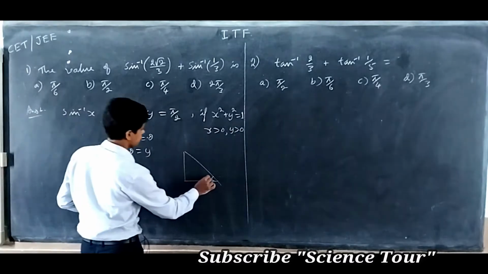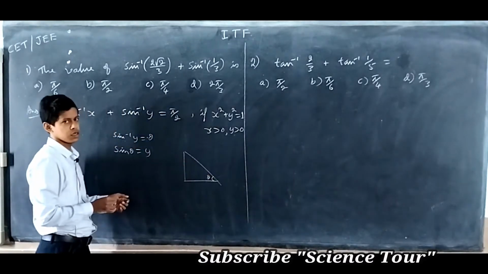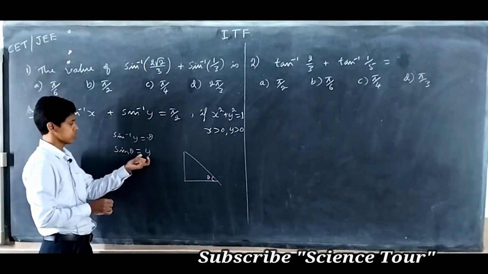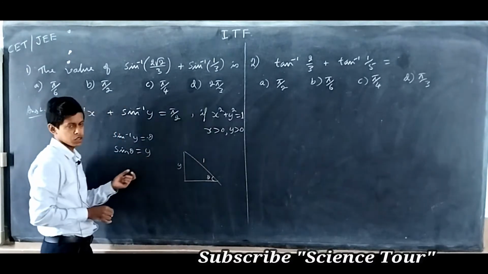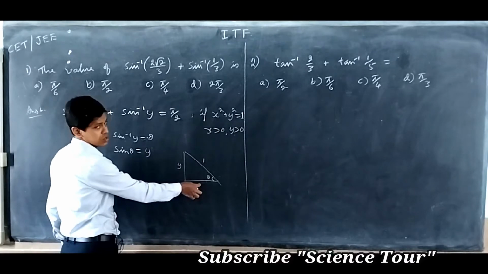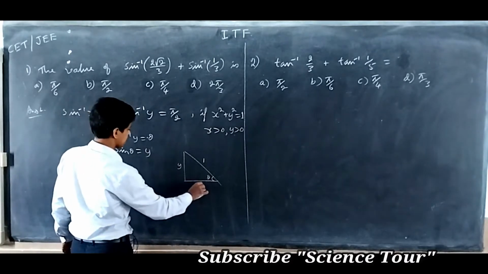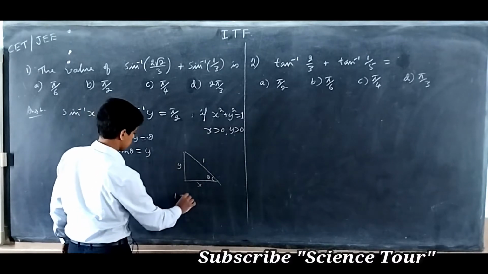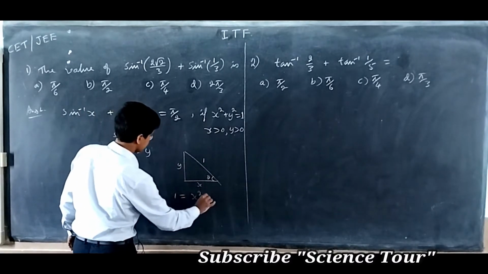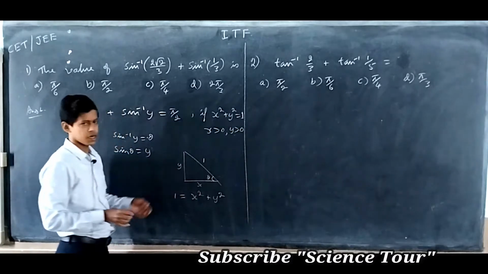So sin theta is opposite by hypotenuse. So what is opposite? And the hypotenuse. We need this, so I'll take it as x, let us say. Now I'm finding x, so 1 square is equal to x square plus y square, right?